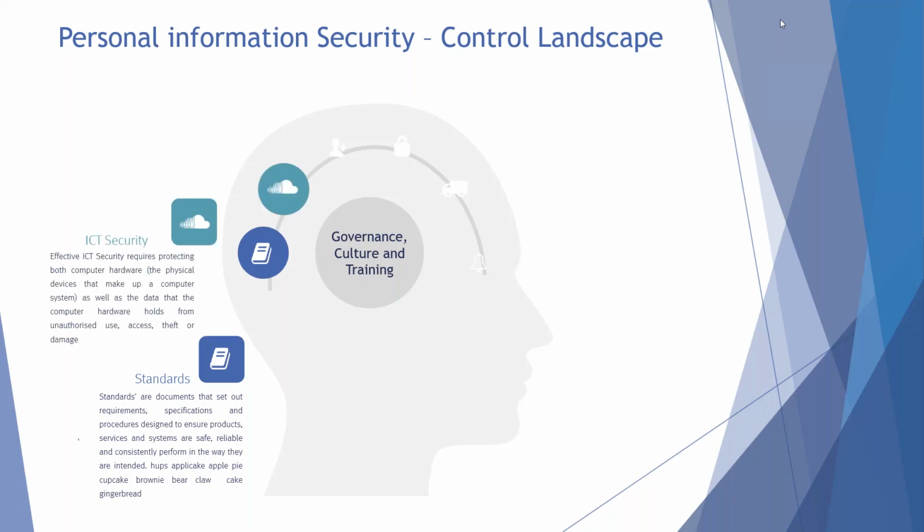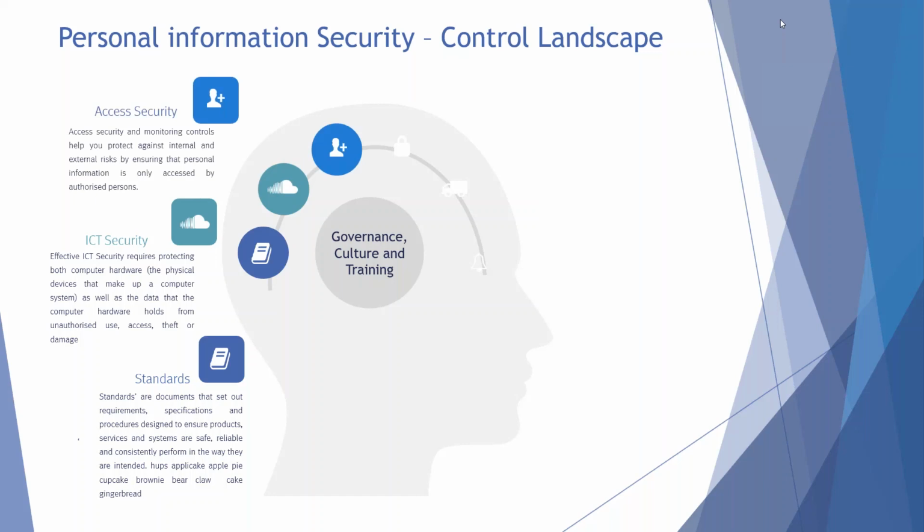So once you have your standard and documented policies and frameworks in place, you need to tune your ICT and infrastructure environment to adopt those documented standards. You should also, as we discussed before, have a strong access control regime to control and provision users to that personal information along the life cycle.